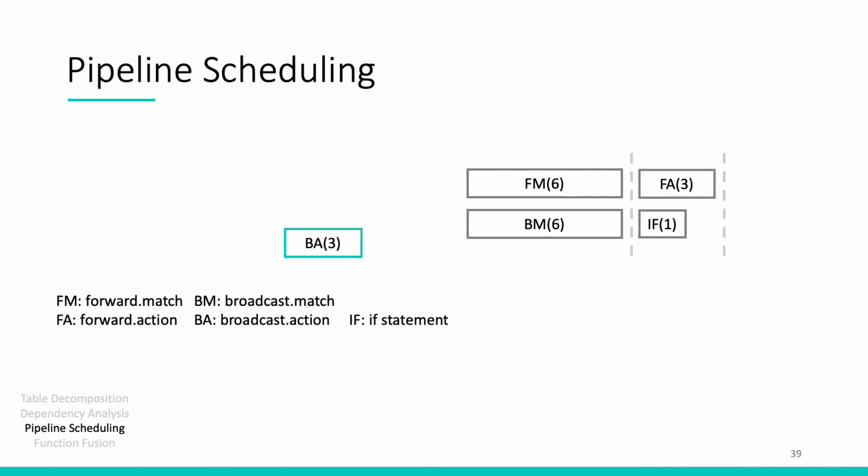Then the scheduler removes the forward action and if statement from the PDG and allocates the broadcast action in the last stage. The pipeline scheduler repeats the allocation until the PDG is empty.